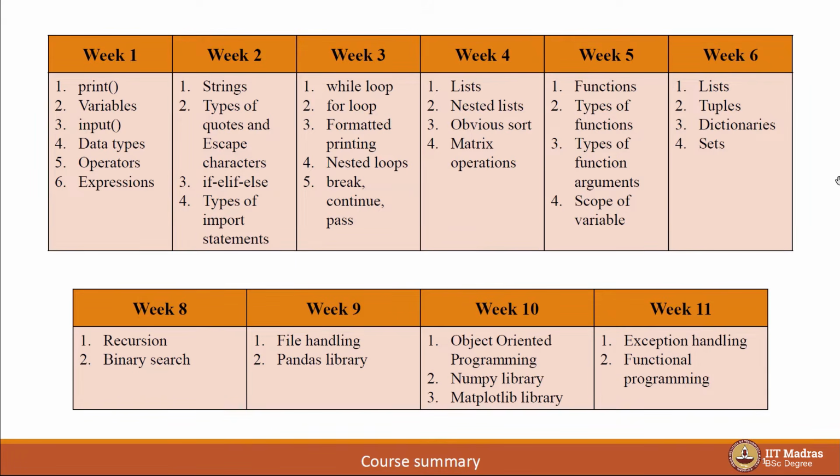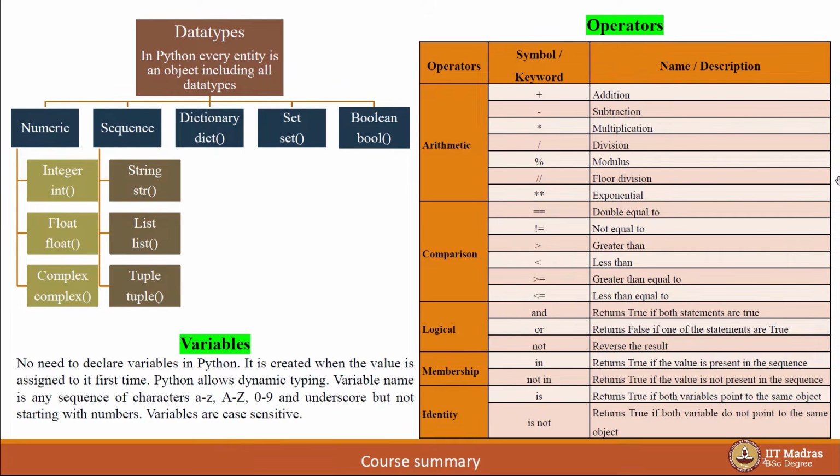So let's start that. First is data types. Now, after learning object-oriented programming, we can comfortably say every entity in Python is an object, including data types. Majorly, there are 5 categories of data types: numeric, sequence, dictionary, set and boolean.